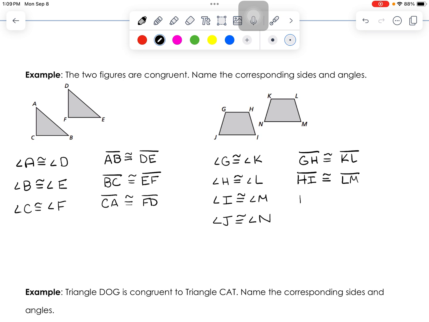IJ is congruent to MN. And then JG is congruent, pardon, to NK.